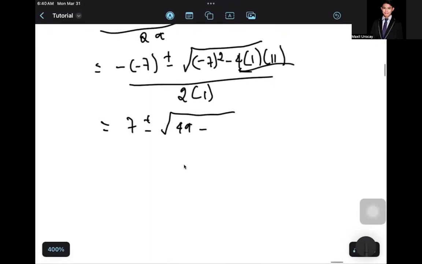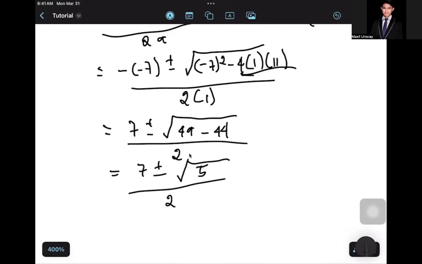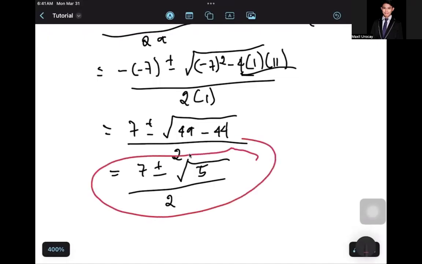Right now, it's okay if you can directly do it. So 1 times 11 equals 11. 11 times 4 equals 44. Okay, that's correct. Then 2 times 1 equals 2. So, calculating that, 49 minus 44 is 5, so 7 positive negative square root of 5 over 2. Since we cannot simplify that into the lowest term already, that will be your answer for this equation since we were able to expand the determinant earlier.